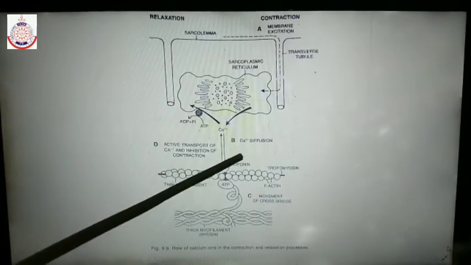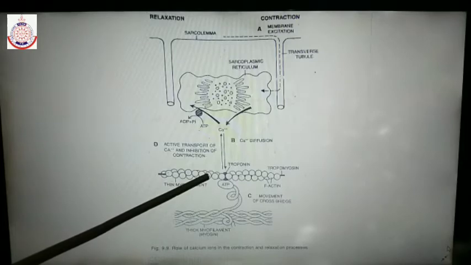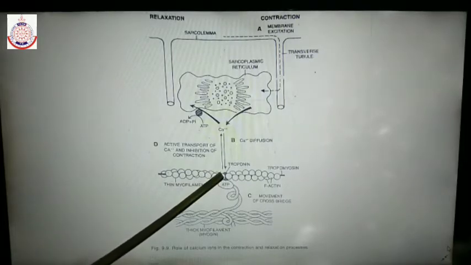Now, when troponin is removed from the active sites on the F-actin, the active sites for myosin on the F-actin are exposed.